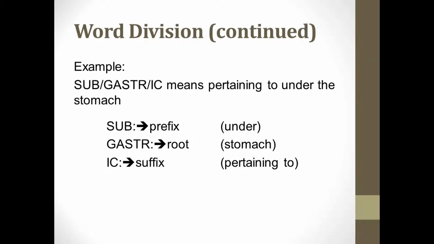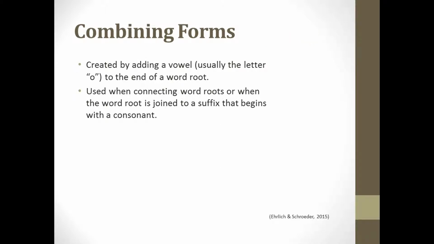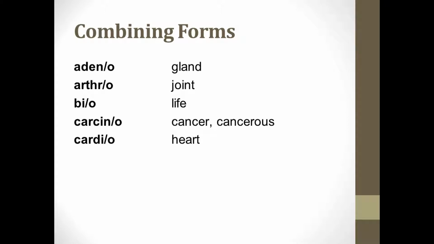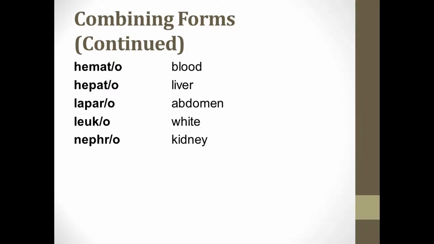As you review the remaining slides within this presentation, pay attention to the slide title and of course the content on each slide. There are many combining form examples provided throughout this presentation, as well as prefixes and a few suffixes.